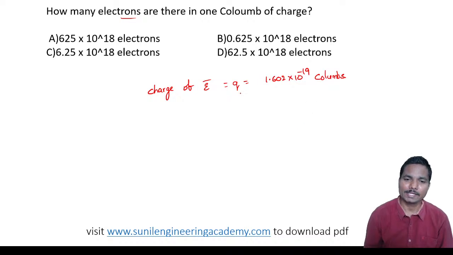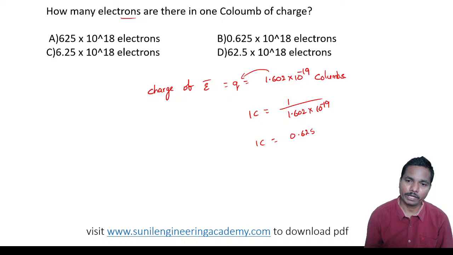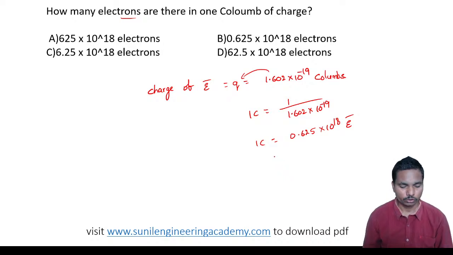So 1 coulomb has how many electrons? 1 coulomb has 1 by 1.602 into 10 power minus 19 electrons. Sorry, 1 by 1.602 gives 0.624, so we get 6.24, I think.